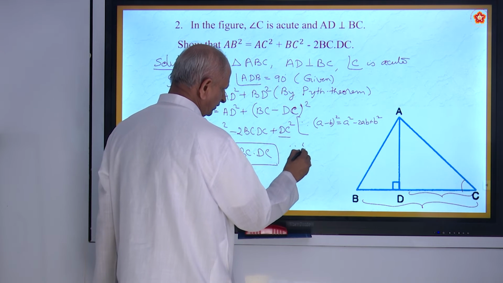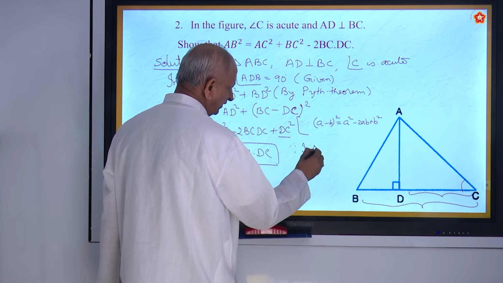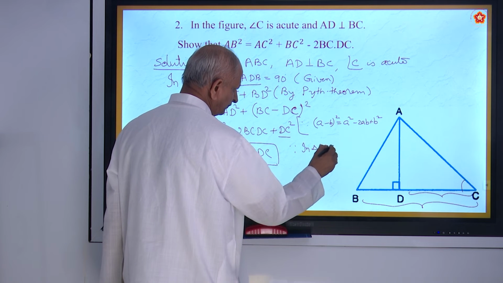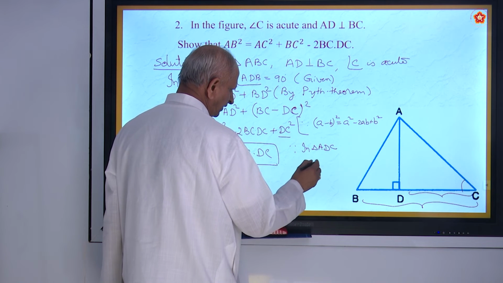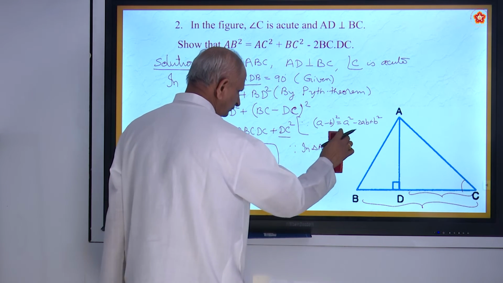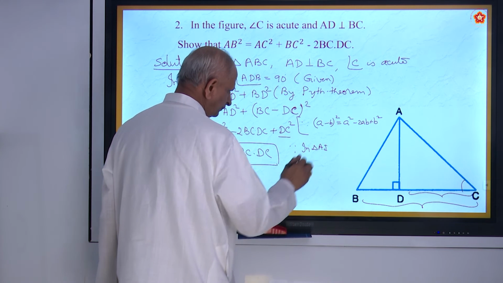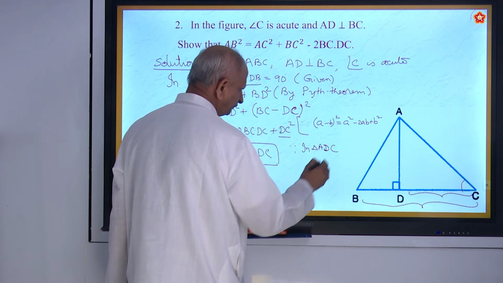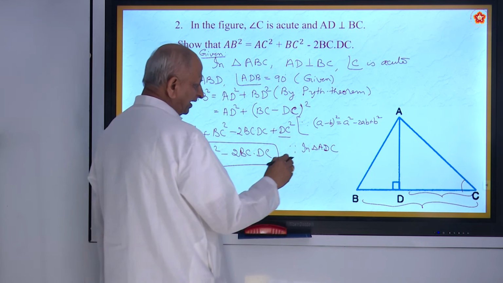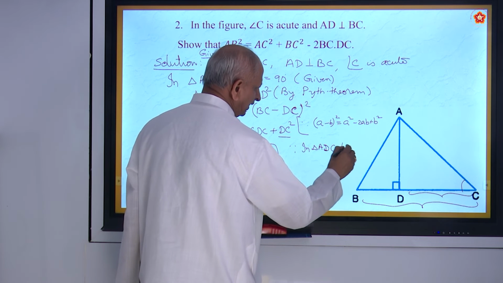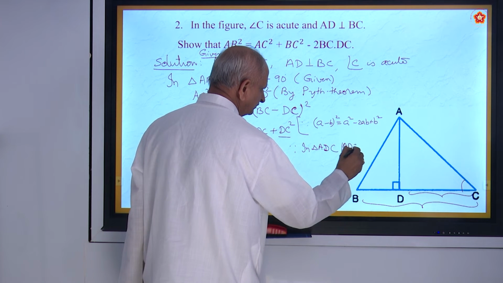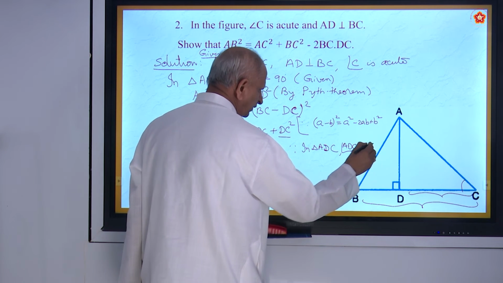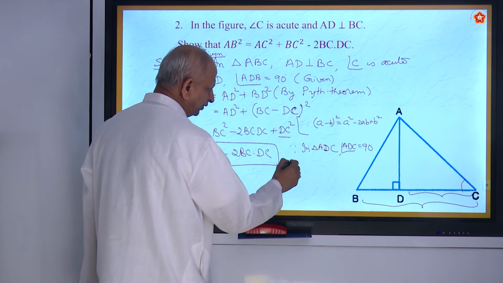Because in triangle ADC, it's right angled, is it not? Angle ADC is 90 and hypotenuse, what is that hypotenuse?